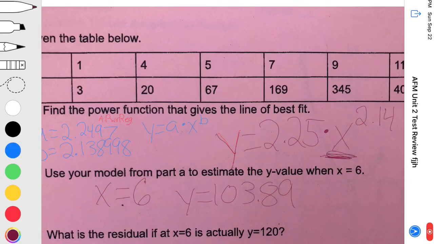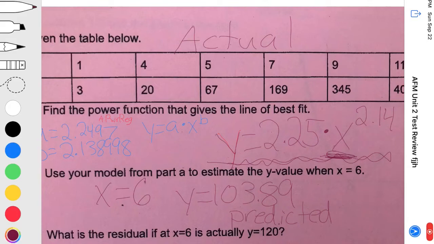Now, that is my predicted. The reason why it is my predicted is because my regression line from A gave me that number. The actual data, or the actual y values, is what's given.